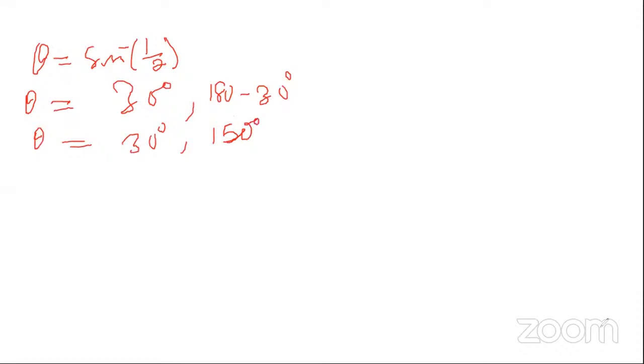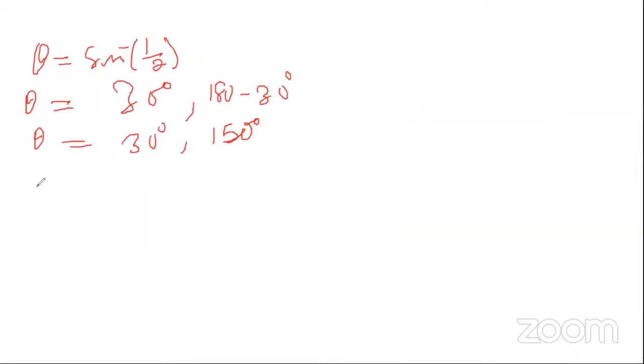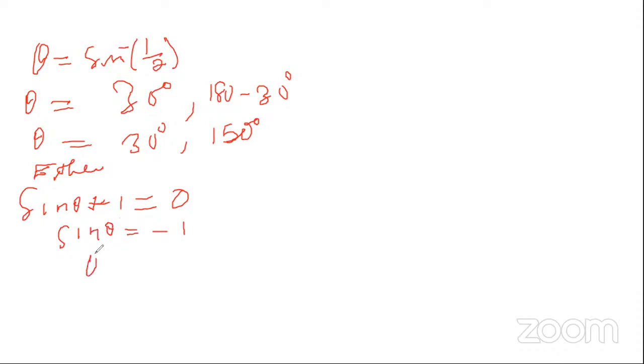Then we go to the other bracket: sine theta plus 1 is equal to 0. So sine theta is equal to -1. Then we take the sine inverse of 1.